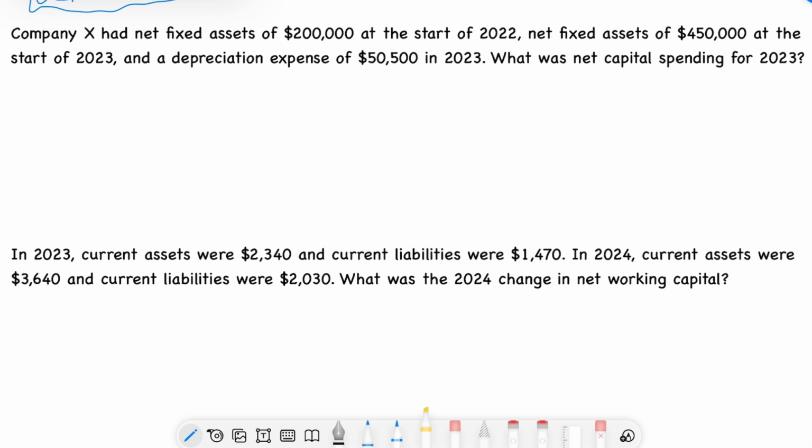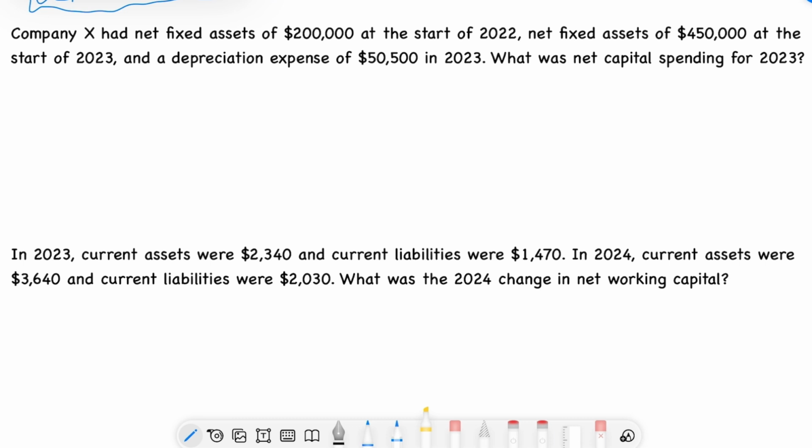In this next question, we have Company X had net fixed assets of $200,000 at the start of 2022, net fixed assets of $450,000 at the start of 2023, and a depreciation expense of $50,500 in 2023. What was the net capital spending for 2023?